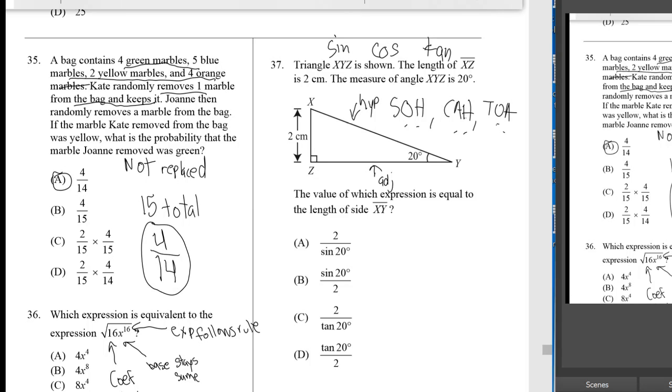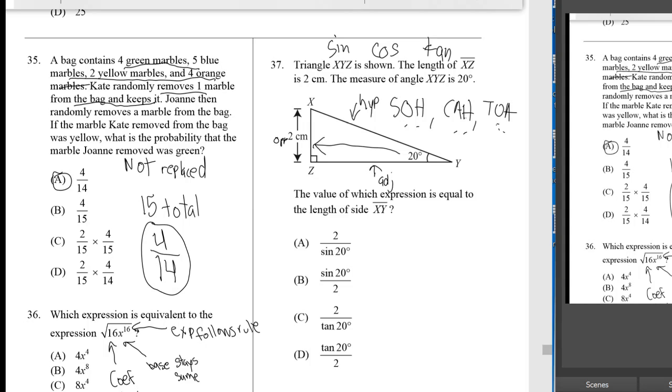What's opposite the 20 degrees is this side. That is the opposite side. So it's all in relation to the 20 degrees. Which one would I use to find XY: opposite and hypotenuse, adjacent and hypotenuse, or opposite and adjacent?